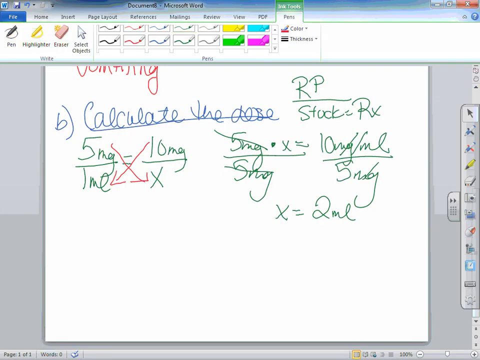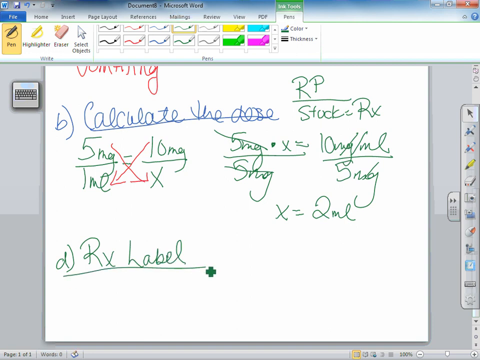So the next thing I want you guys to do, I know it's not on the problem, but this is what I want you to do anyway. So now I want you to provide me the RX label. What would the RX label read? Well, the RX label will read, because it's an injection, your verb is to inject. The volume is what? 2 milliliters. Your route of administration is what?